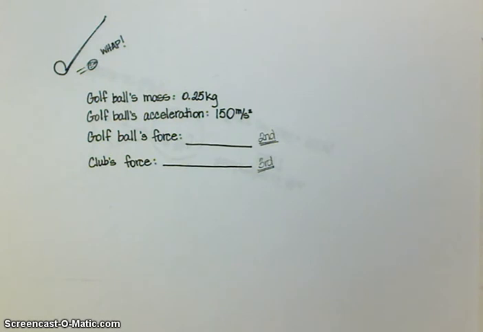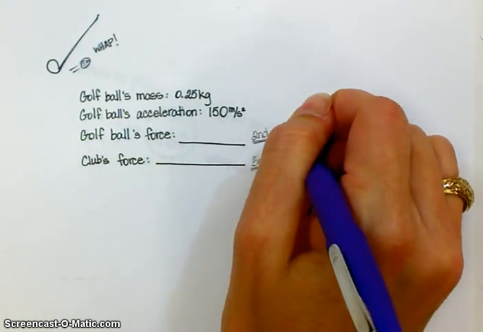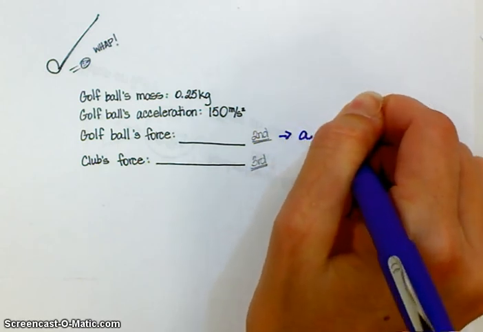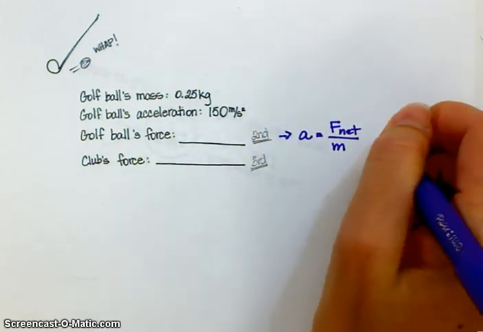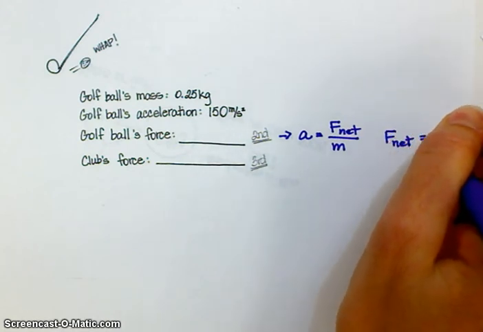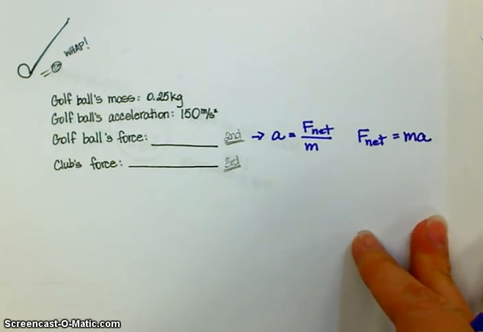All right, well, first of all, we know that Newton's second law tells us that acceleration is equal to net force divided by mass, or that net force is equal to mass times acceleration, or you can even solve for mass also.